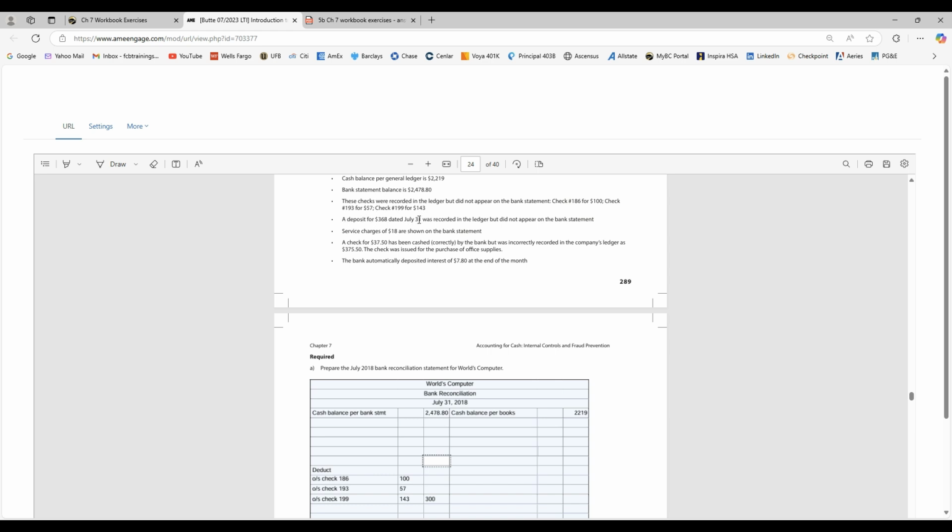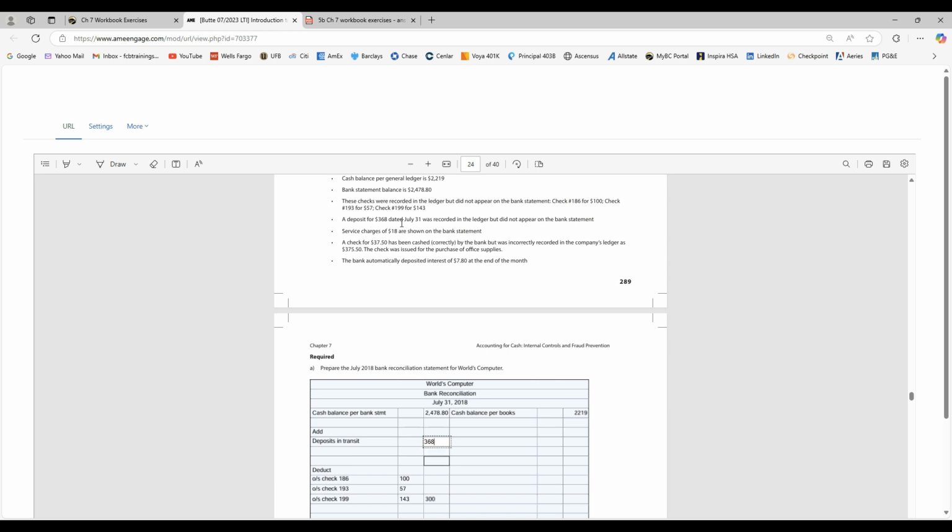A deposit was recorded in the ledger, so now we've got an addition, and we're going to add deposit in transit. You might see the word outstanding deposit, but deposits in transit is the common term I'm used to seeing. 368.